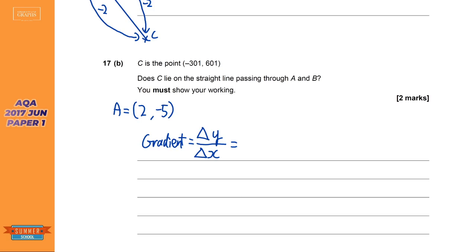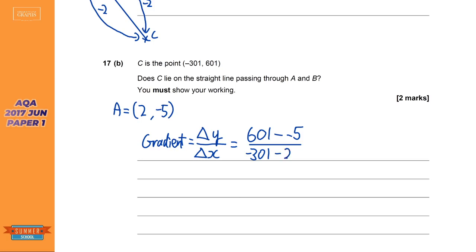I'm going to do C coordinates, so 601, take away the A coordinates, so take away minus 5, over, and as long as you make sure you do the same one, so if I'm writing down the C coordinates first, I've got to do it on both the y and the x.